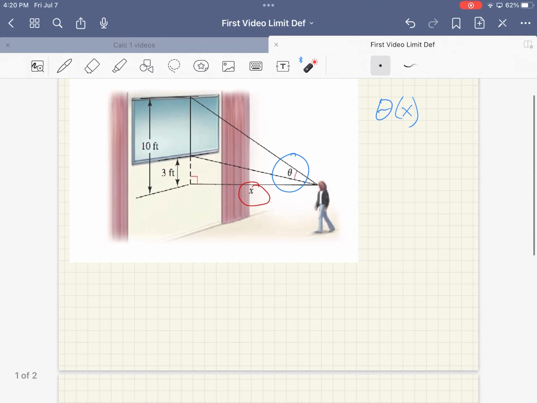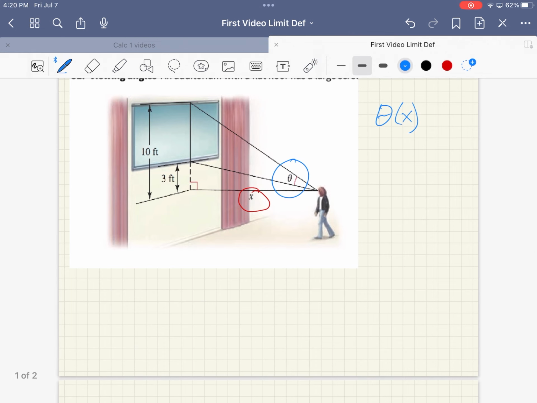In order to set this up, I'm going to start out by pointing out a couple of different triangles that we have. First off, we have the very large right triangle that looks like this, where if we call this x, we know that this is 10 feet.